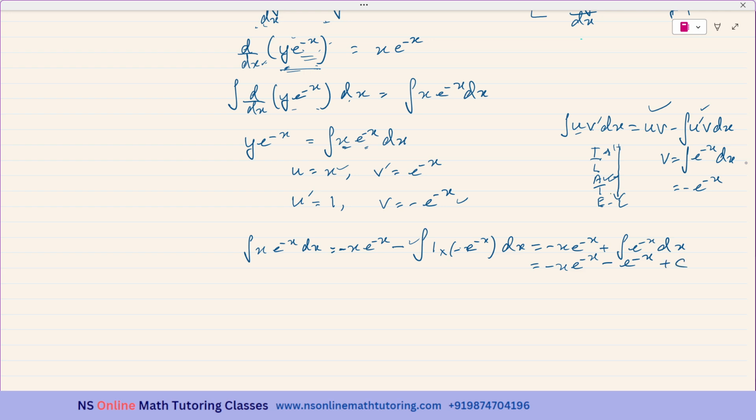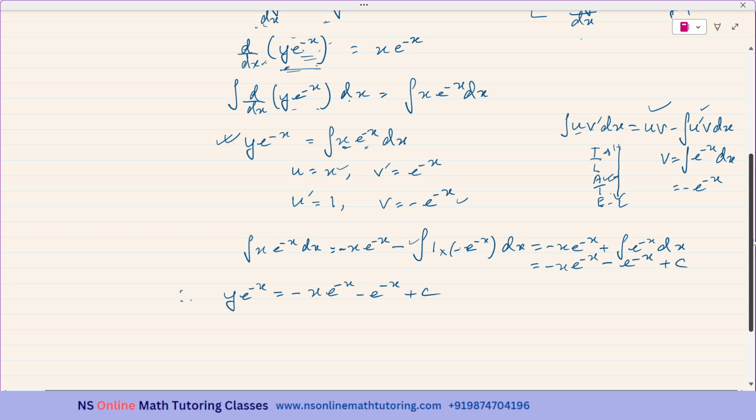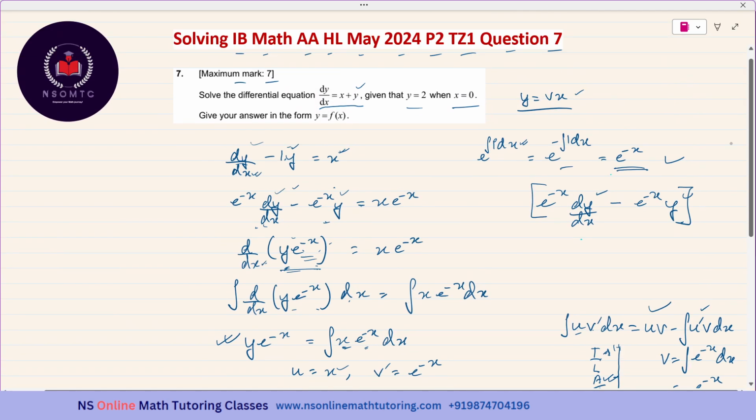We cannot forget this. So therefore, now I am coming to this statement. It is therefore y e to the power of negative x is equal to negative x e to the power of negative x minus e to the power of negative x plus c. And they have given you the boundary conditions, y equal to 2 when x equal to 0.